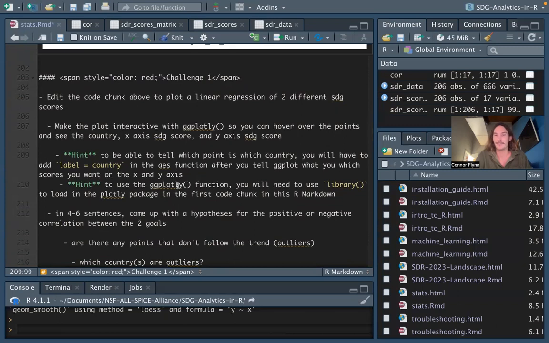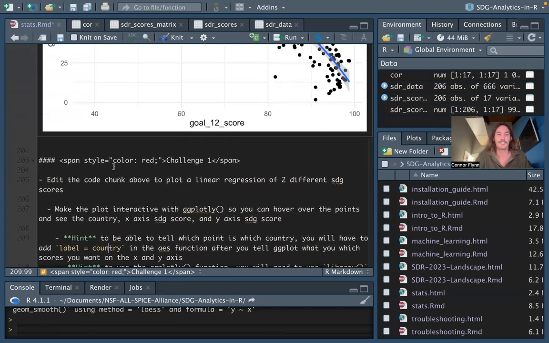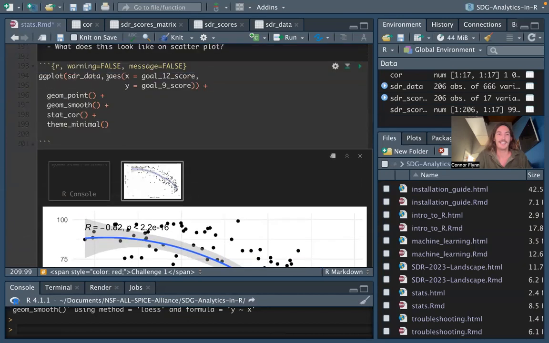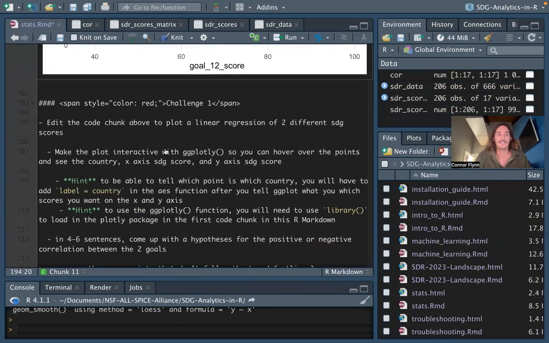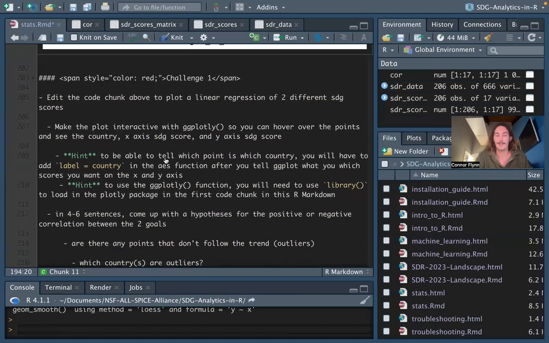This is an advanced visualization, so please revisit that and see the output and layout of that code. But after naming the plot and putting it into the ggplotly function, with label equals country added inside this aes function right after your X and Y axis, you should have an interactive plot.